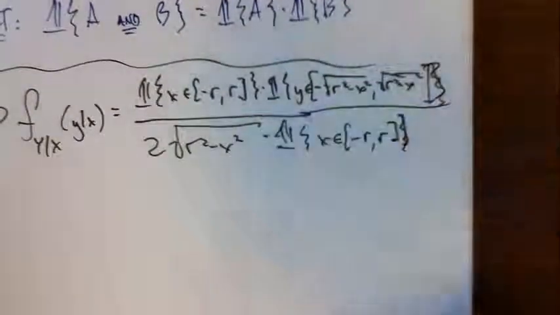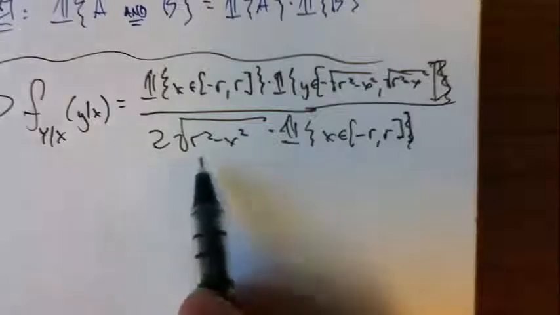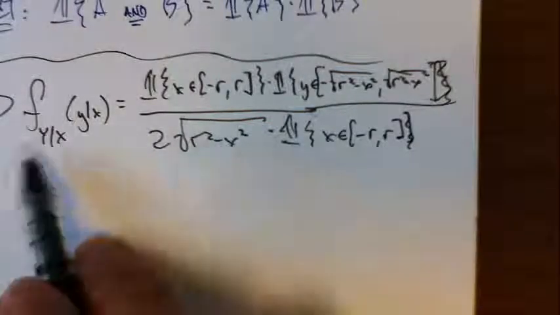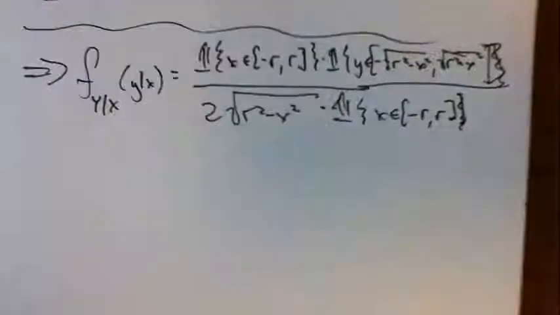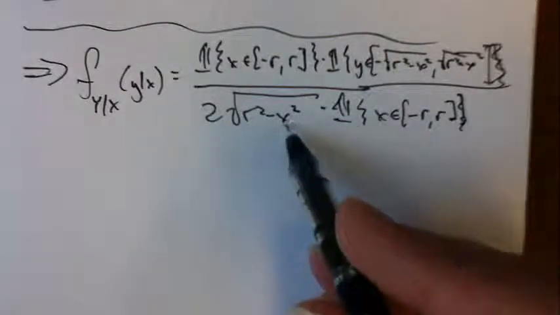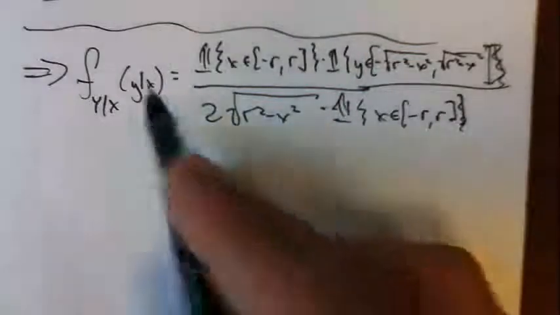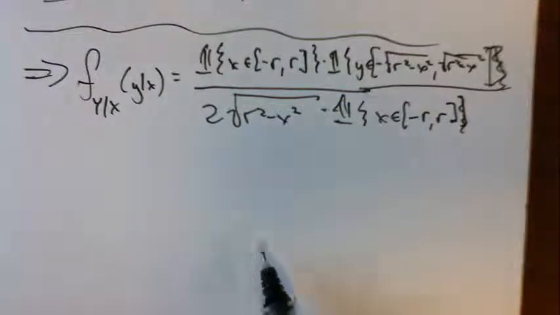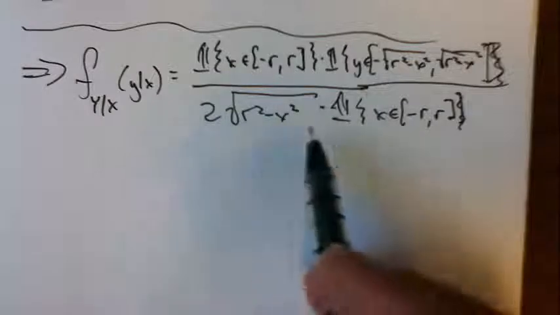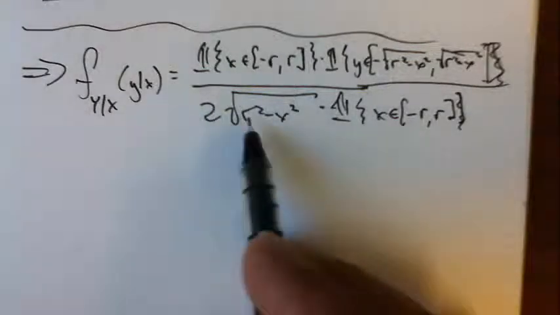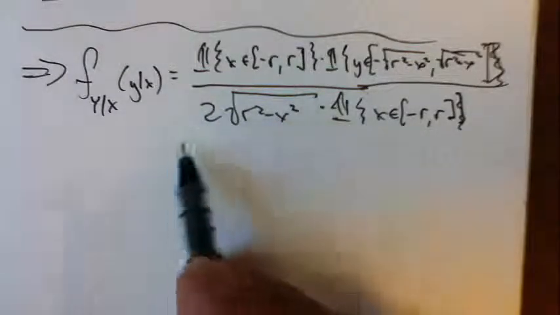Now, I think you can see that I was right. For fixed x, this is in fact a constant. Okay, it's a constant. If I fix x, then this conditional density function is just 1 over 2 root r squared minus x squared.